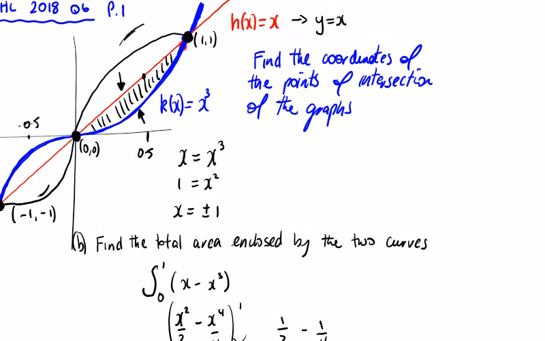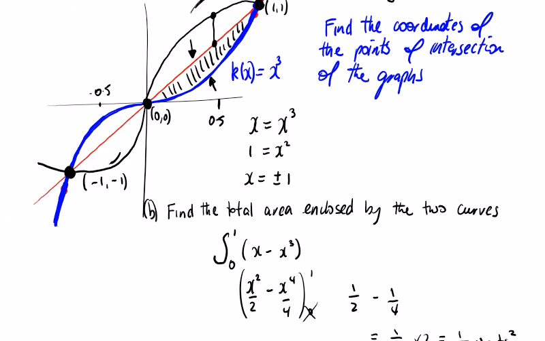Well, that's the point 0.5, 0.5, because y is equal to x or x is equal to y. So 0.8 is up here approximately. And when x is equal to minus 0.5, this is the point minus 0.5, minus 0.5. So this is the point minus 0.5, minus 0.8.